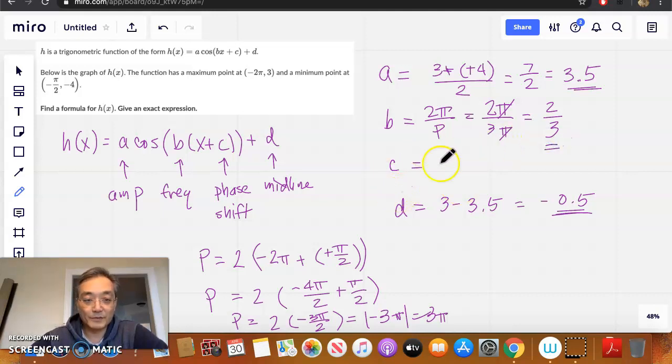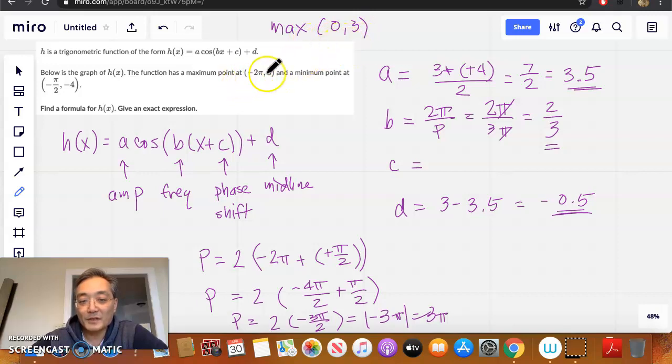Last thing is the shift. This is a cosine function, correct? Cosine starts at the max. All right? Well, look, normal cosine, if it really started at the max, the max point would be at 0, 3, right? Because the max would have to be on the y-axis.